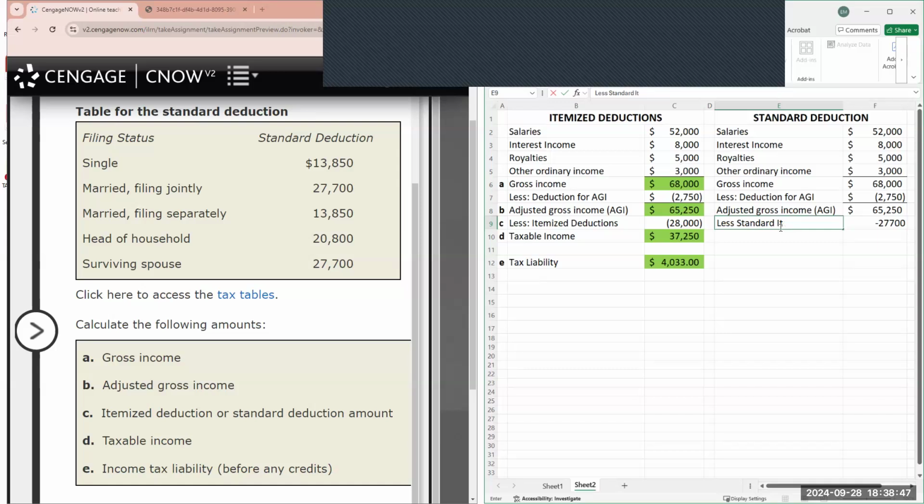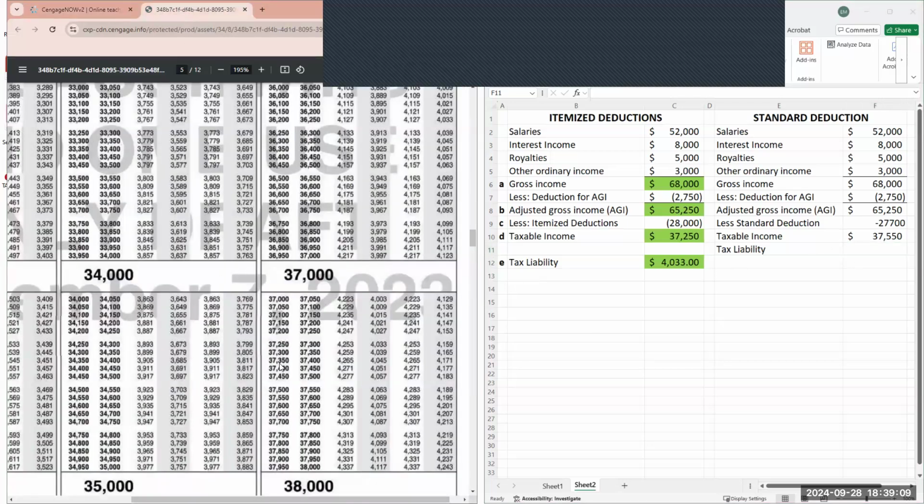So less standard deduction, based on this, the taxable income will be $37,550. Going back to the table, we're at least 37,550 but less than 37,600. So our tax liability would be 4,069.